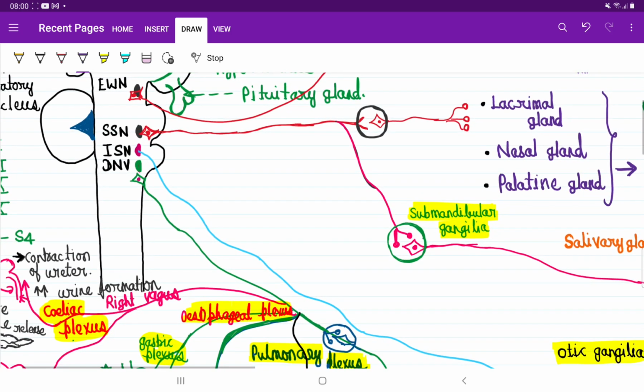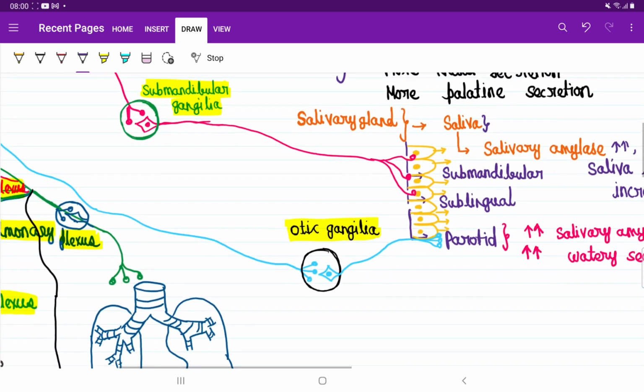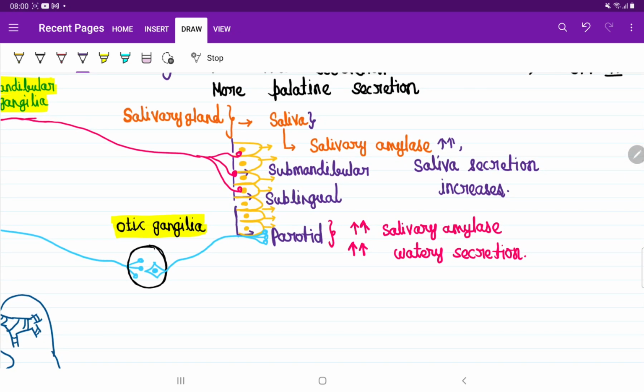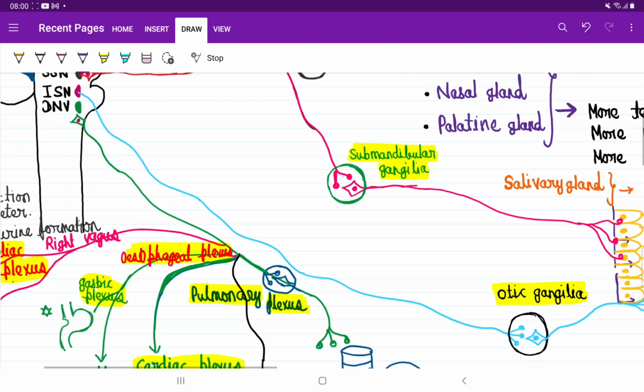This ninth cranial nerve will supply the parotid gland by the otic ganglion, and it increases salivary amylase secretion and watery secretion from the gland, so we will have enough saliva to digest the food.